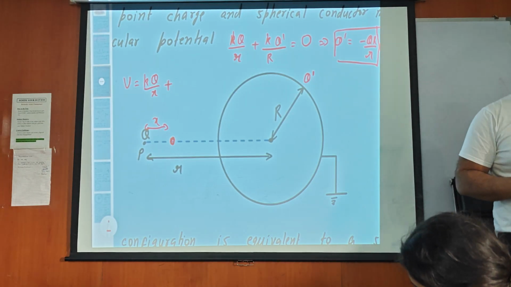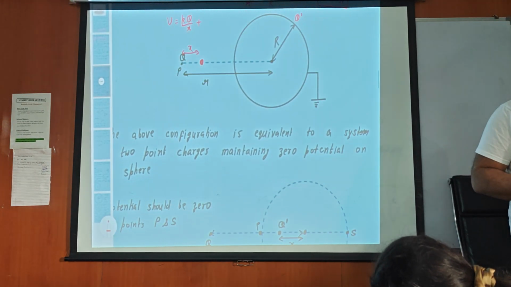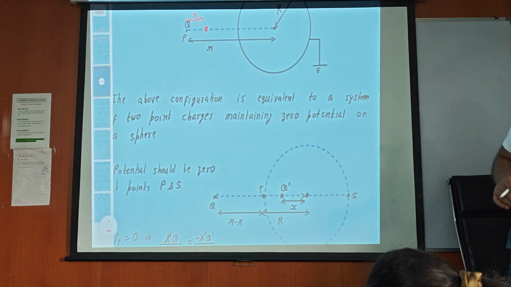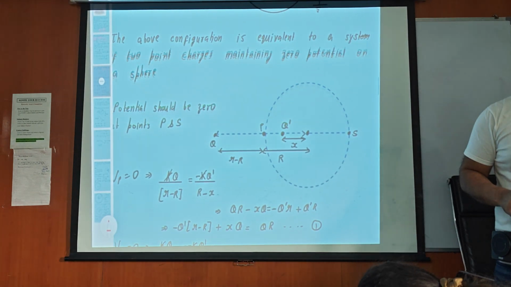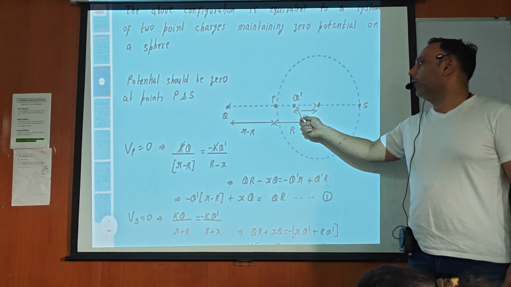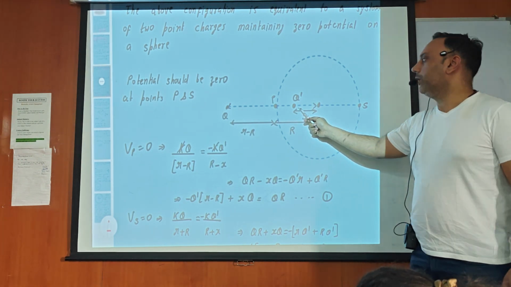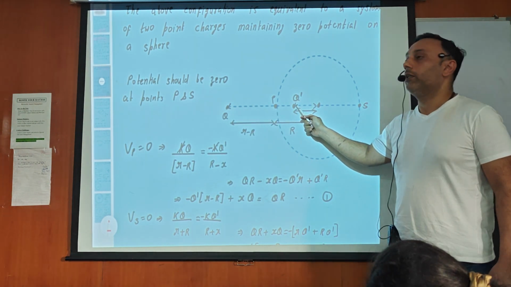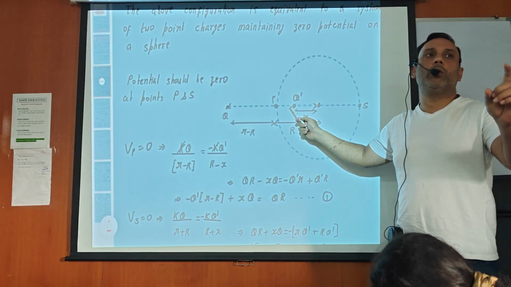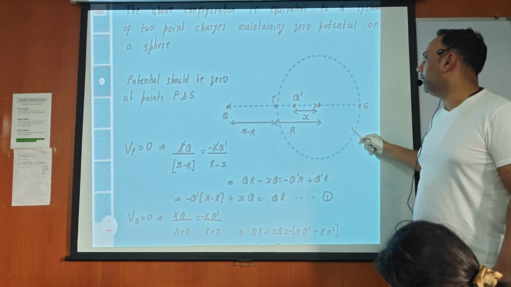Suppose I am thinking that there is a charge q dash present at distance x, and the combination of this q charge and q dash should produce zero potential everywhere on the conducting surface.